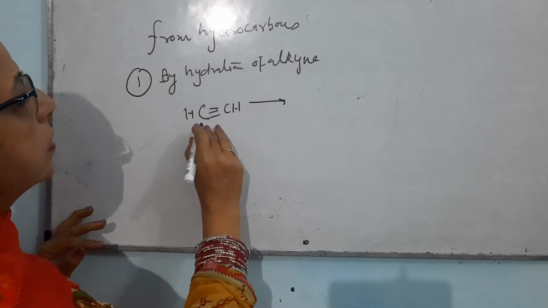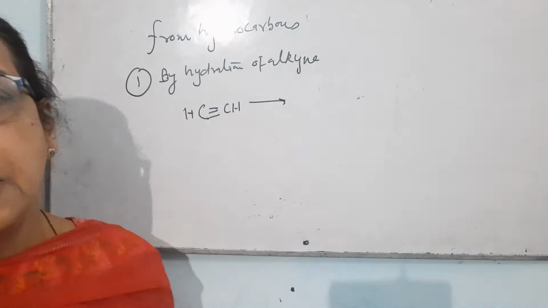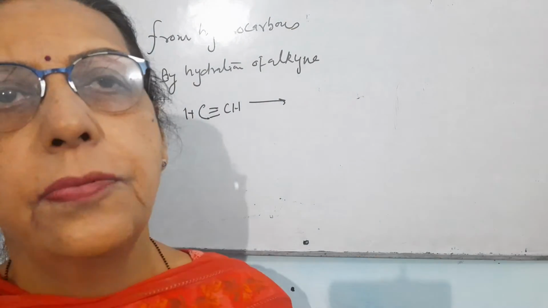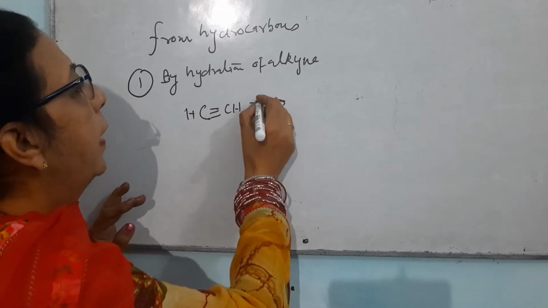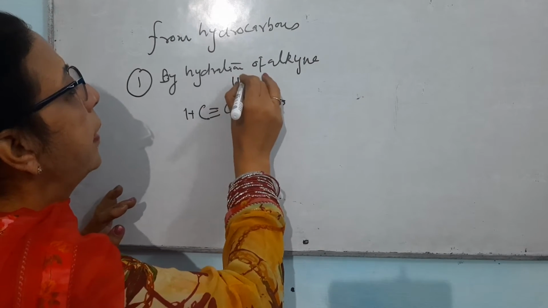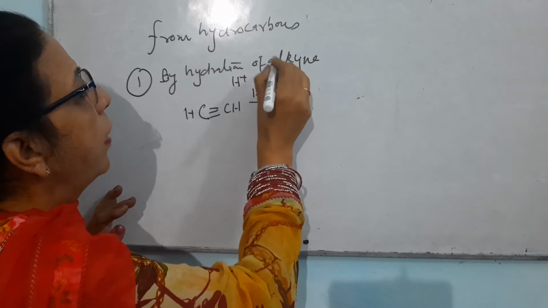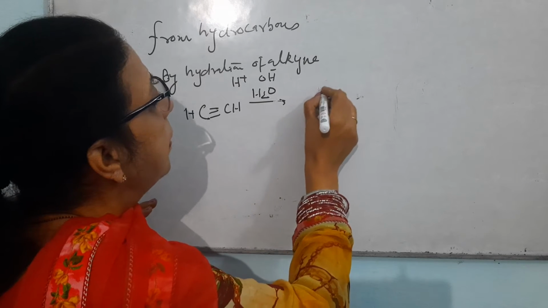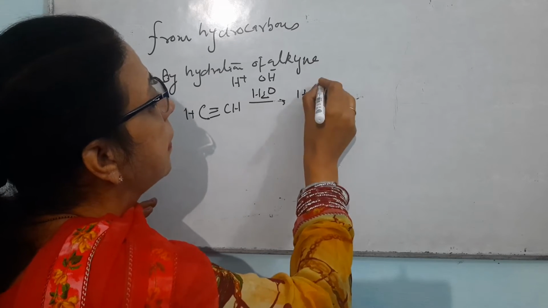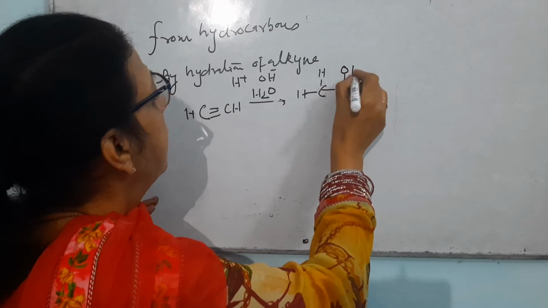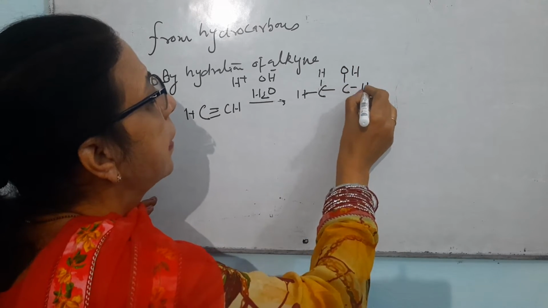When the hydration takes place, you know the meaning of hydration, that the reaction will be taking place with water. Water will break up as H positive and OH negative. So initially there will be formation of an intermediate.